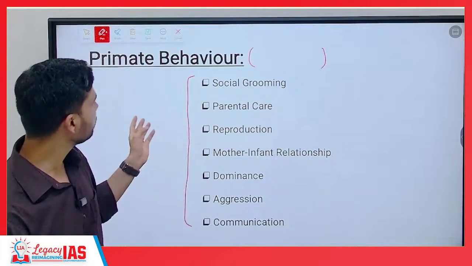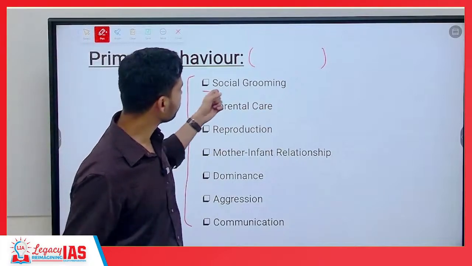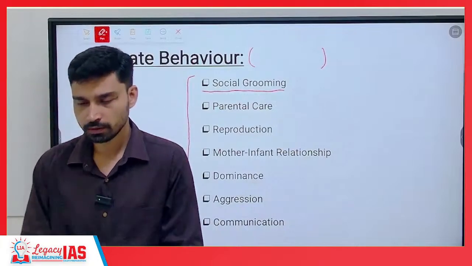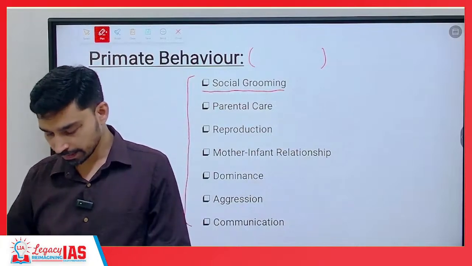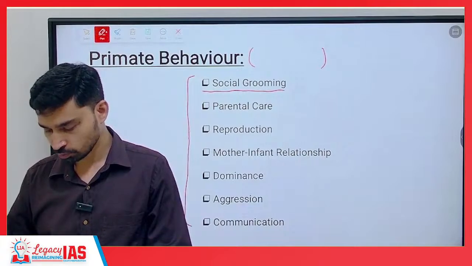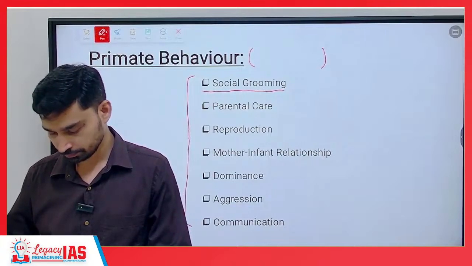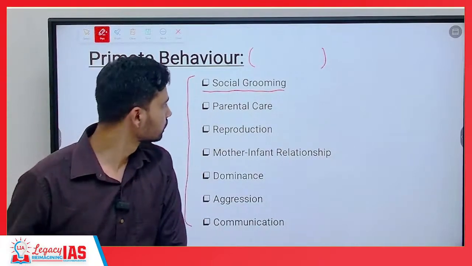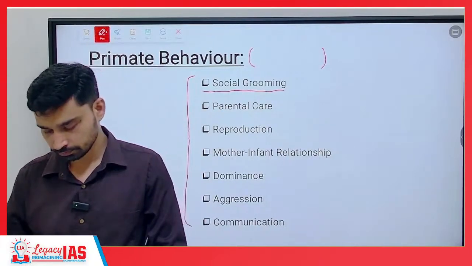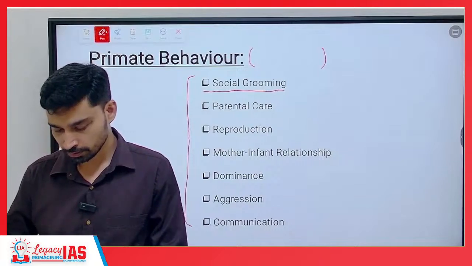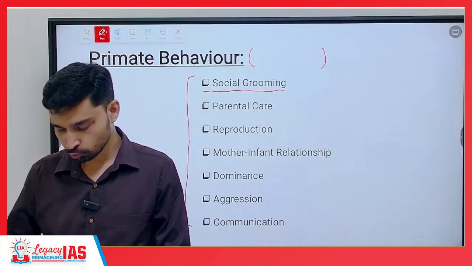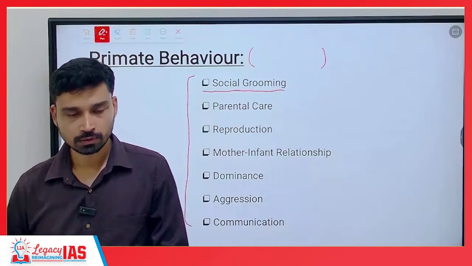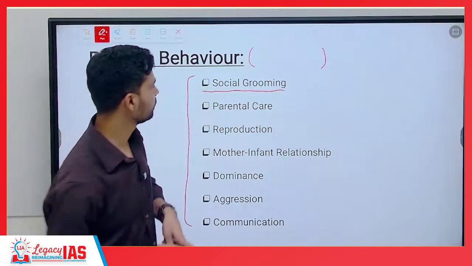Brief understanding means what kind of behavior they exhibit. First is what we can call social grooming, that is observed in all the monkeys and apes. So we can write a few points about social grooming.